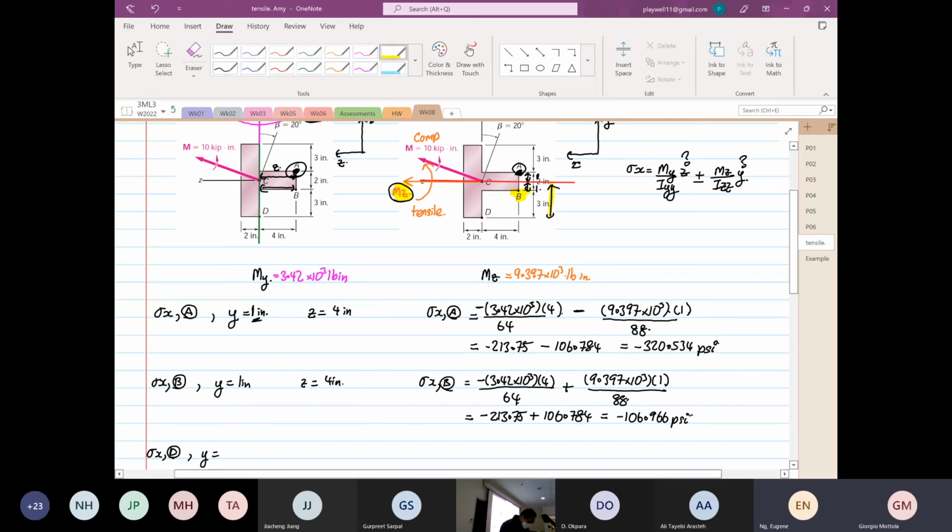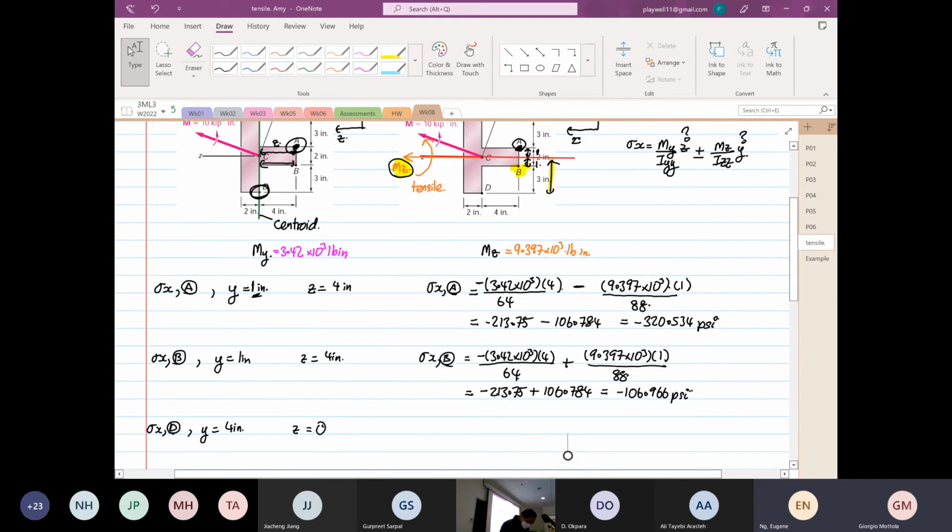The Y distance is equal to 4 inches, and the Z distance is equal to 0, because it's exactly at the centroid. So stress X at point D is equal to My, which I will just write down for you, divided by 64, multiplied by 0 because the Z is 0.